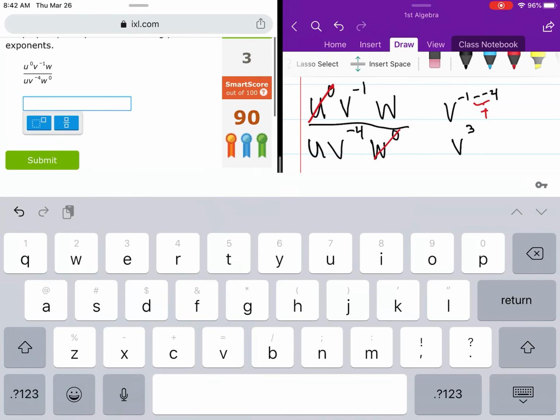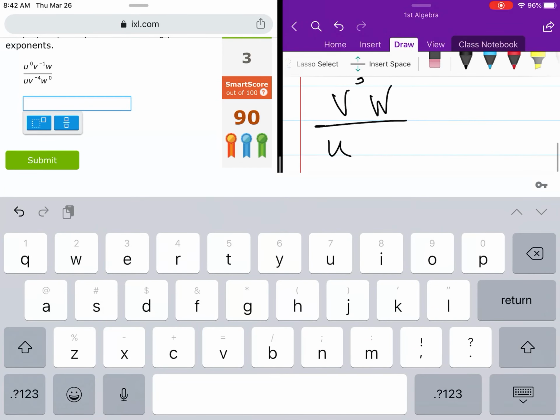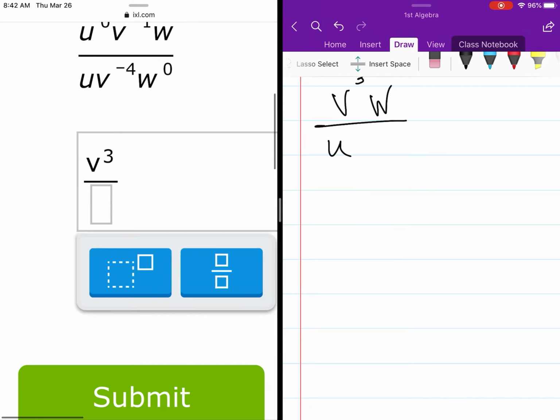So come back here. First the fraction. So fraction, then V exponent 3. Make sure you click on the side of that to move it down. You don't want to continue typing in the exponent. Okay, so I'm having a little bit of trouble typing this one in here.